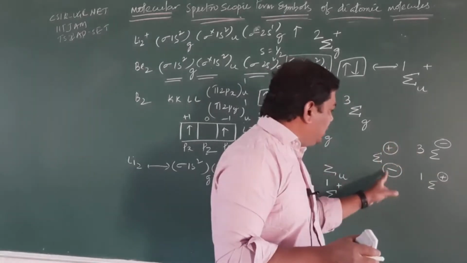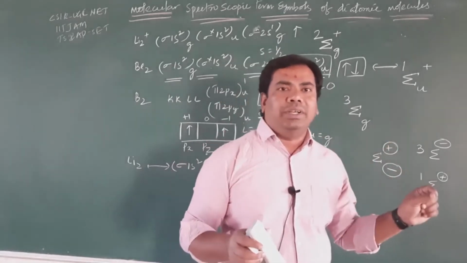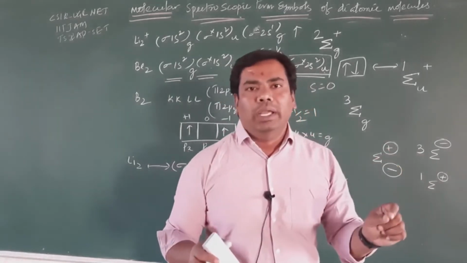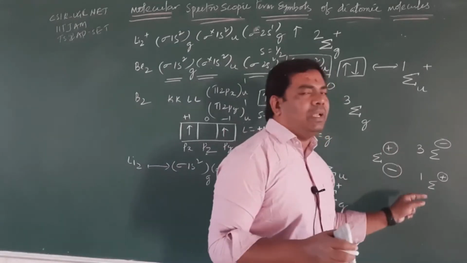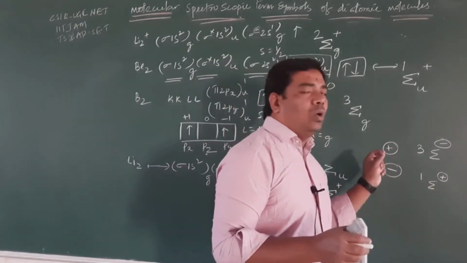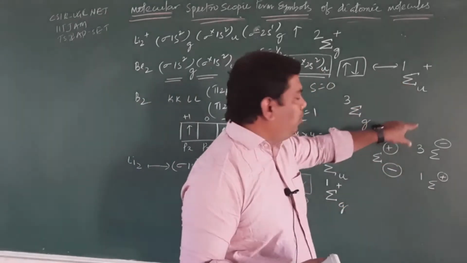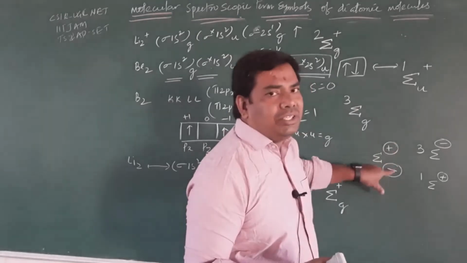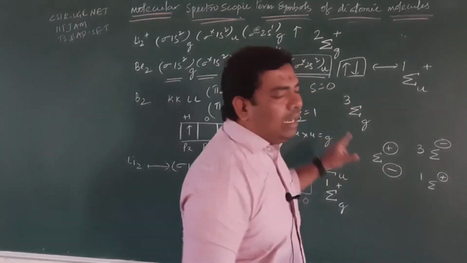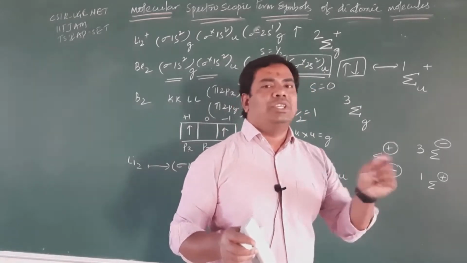So this situation happens when the electrons are present in pi orbital only, means p orbital only. The plus-minus condition is not possible if the electrons are present in sigma 1s, sigma star 1s, sigma 2s, sigma star 2s.